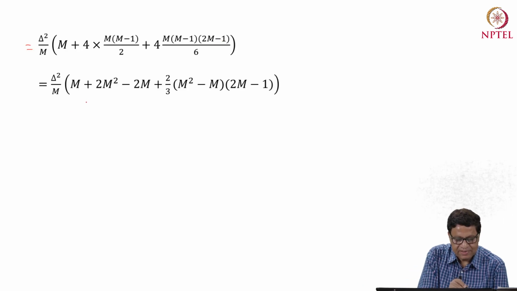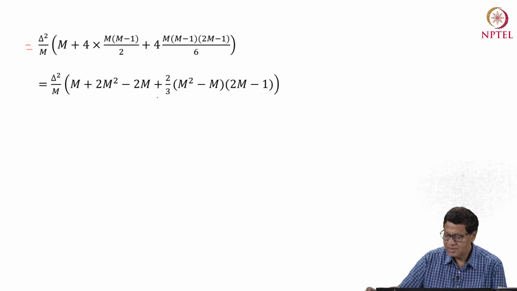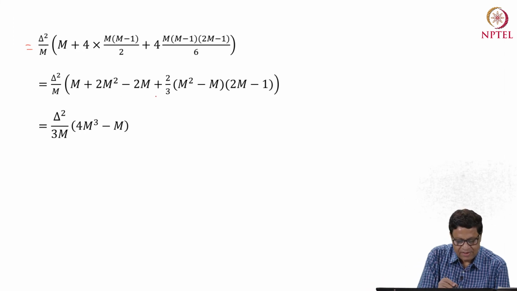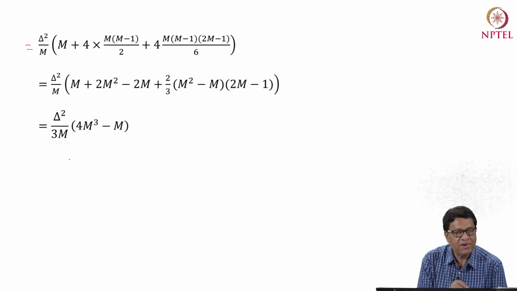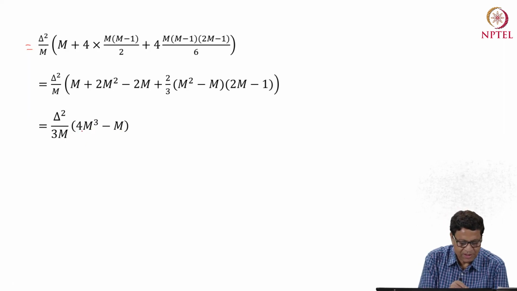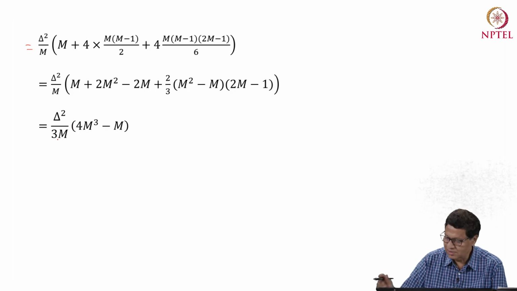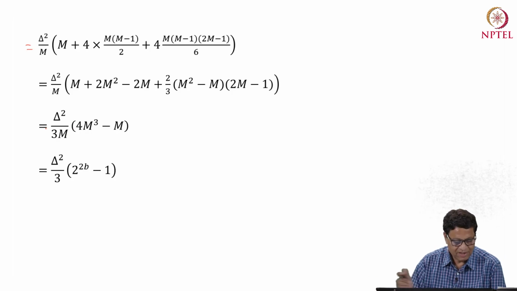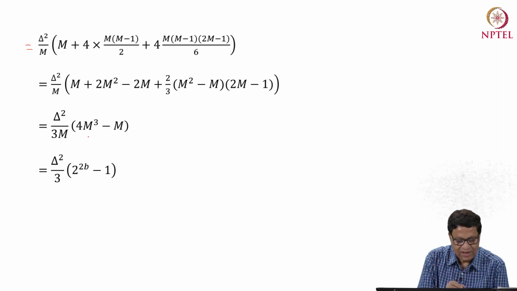Rearranging some of the terms, it gives an expression like this: delta squared divided by 3M into (4M cubed minus M). So this M can be taken common and cancelled, and you are left with delta squared by 3, where I have used M.